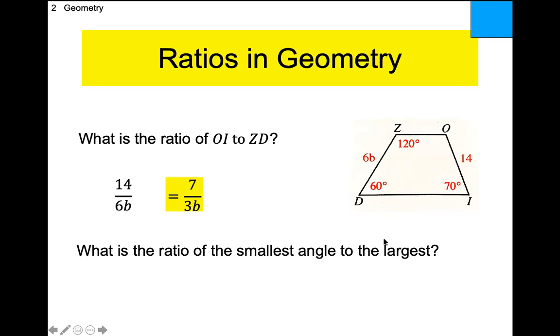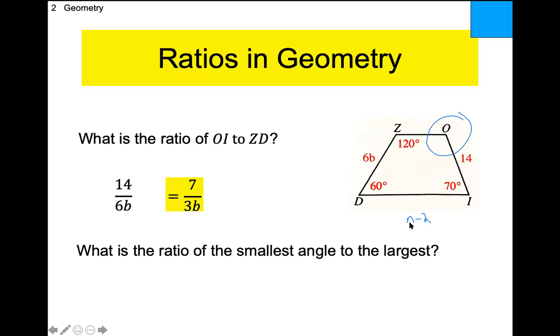They could get a little bit tricky, you know, they could say the ratio of the smallest angle to the largest, or largest to smallest. And just be careful because notice we only have 3 of the angles here. How big is angle O? Let's see.